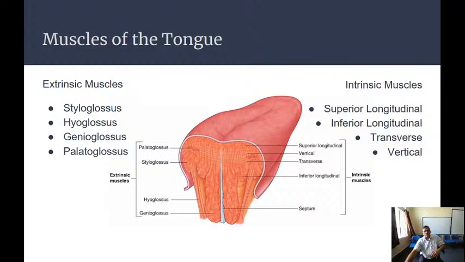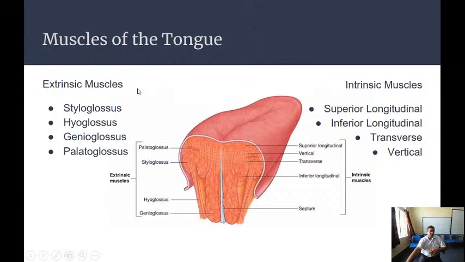Then we go to the muscles, which form the core of the tongue. They are grouped into extrinsic muscles and intrinsic muscles.